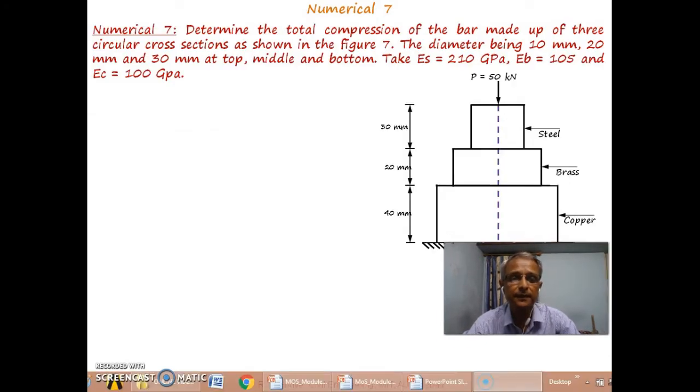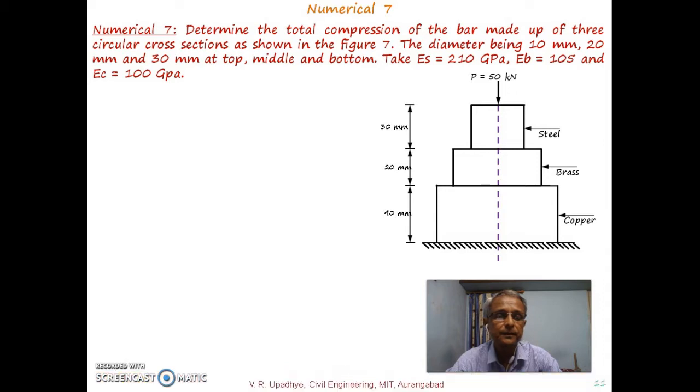So this is the diagram given and this is the statement of the numerical. Determine the total compression of the bar made up of 3 circular cross sections as shown in the figure. In this figure, the diameters are 10 mm, 20 mm and 30 mm at top, middle and bottom.